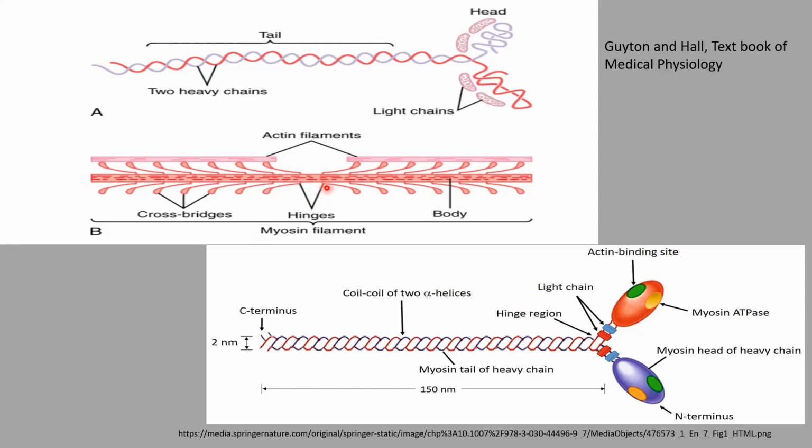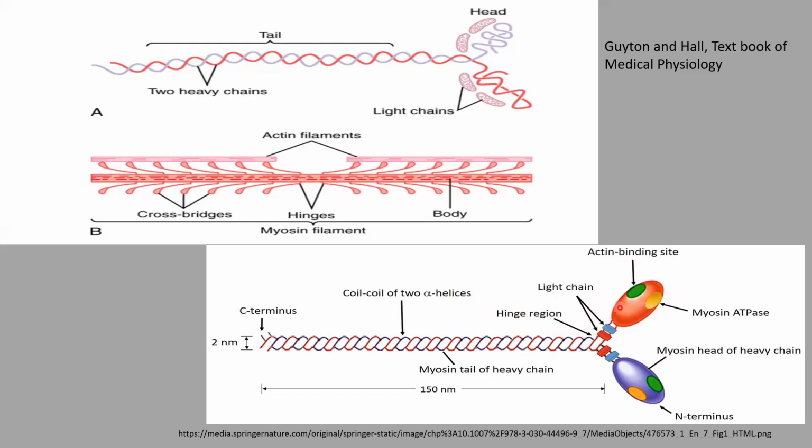Each cross bridge hinge is flexible at 2 points. One point is where the arm leaves the body of the myosin filament, and the other is where the head attaches to the arm. So in this structure, the hinge region is attached on one side to the body and on the other to the head. This portion is movable. This is the hinge region.